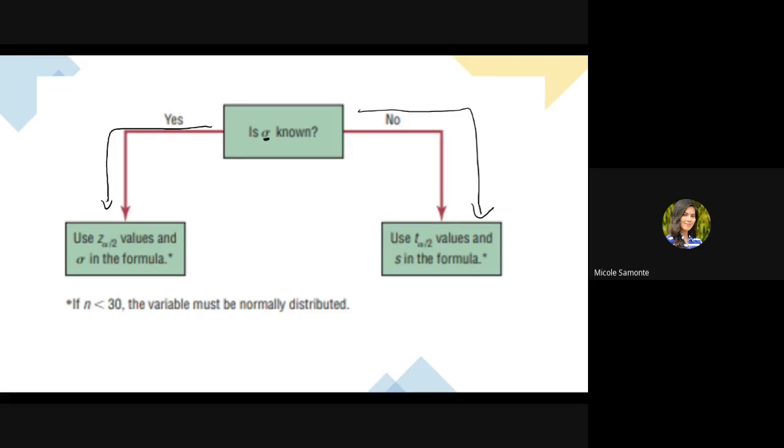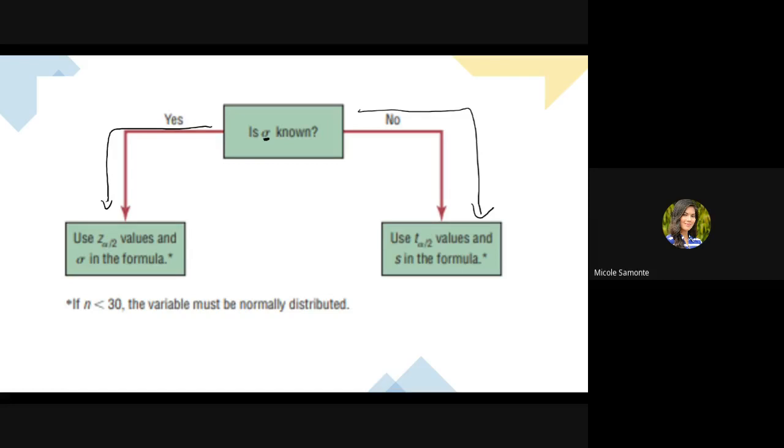Paulit-ulit ko nang sinasabi, when the population standard deviation is known, z-test ang gagamitin, no matter what the sample size is, as long as the variable is normally distributed, at yan ay n greater than or equal to 30.